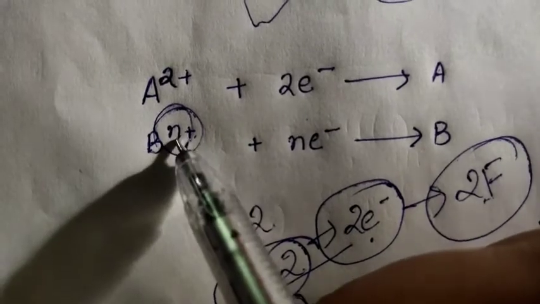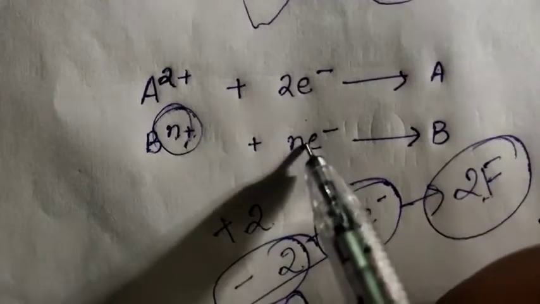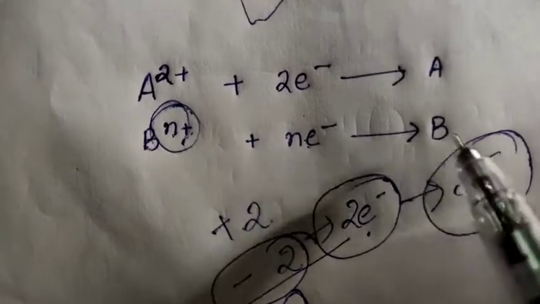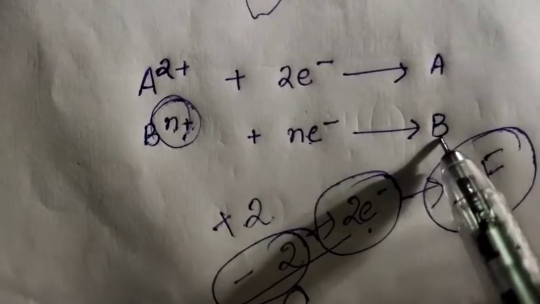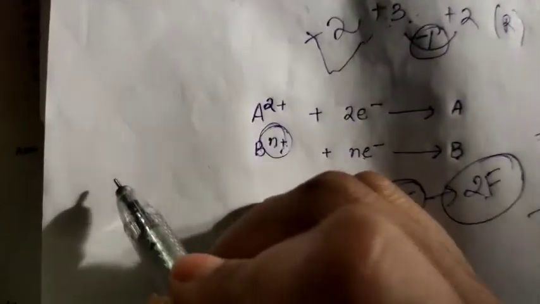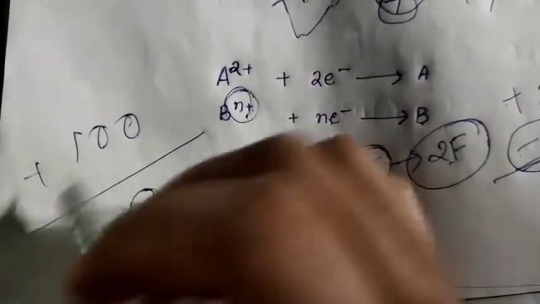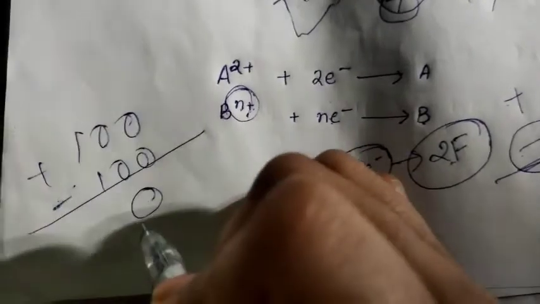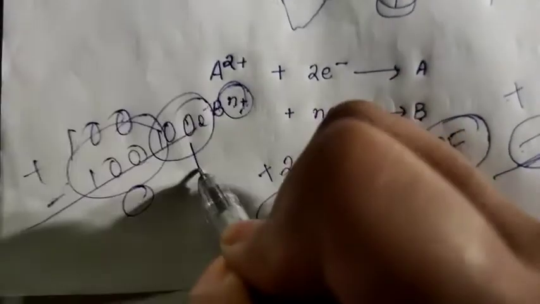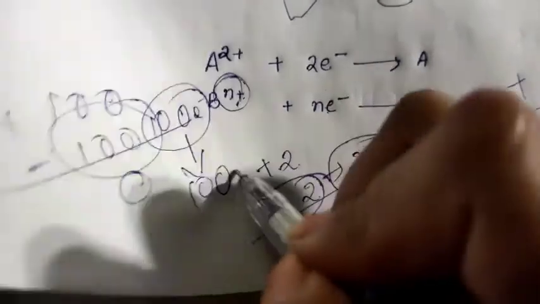Whatever the charge is there, that many number of electrons you have to put in order that it is converted to neutral charge. Suppose I am taking plus 100. I have to make it 0. I will put here minus 100, right? So that means 100 electrons, which means 100 Faradays. Okay, clear? So let us move on to the next question now.